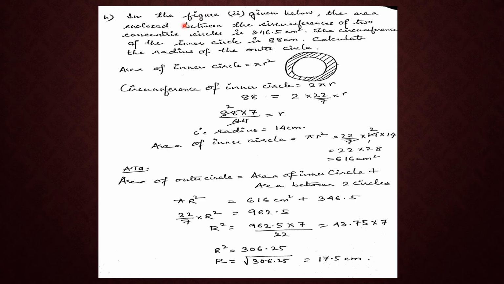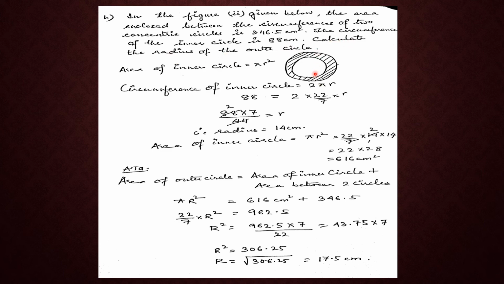Part B of the same question. In the given figure below, the area enclosed between the circumferences of the two concentric circles is 346.5 centimeter square and the circumference of the inner circle is 88 centimeter. We are asked to calculate the radius of the outer circle.